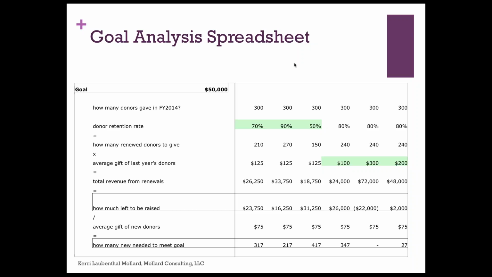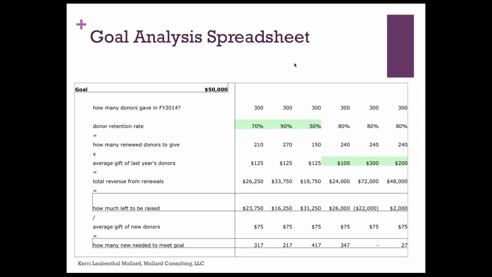The second column, okay, let's play with this. What if we change our donor retention rate? The only thing that changes in the second column is donor retention moves from 70 to 90%. At 90%, 270 donors renew. Average gift is still $125. That means total renewal is $33,750. You have $16,250 left to get to your goal. At $75, then it's 217 new donors.